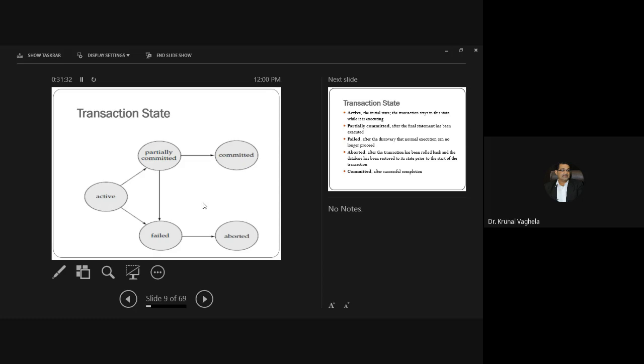But you need to take care of the arrows. When it is failed, it cannot be started again, it cannot be active again. When it is partially committed, it can be failed or it can be committed. If it is committed, then it is over, all the changes have been done. Aborted means all the changes will be undone. So these are the transaction states.